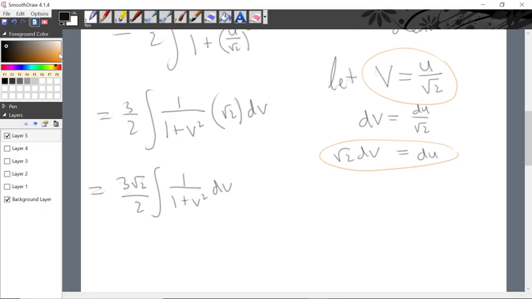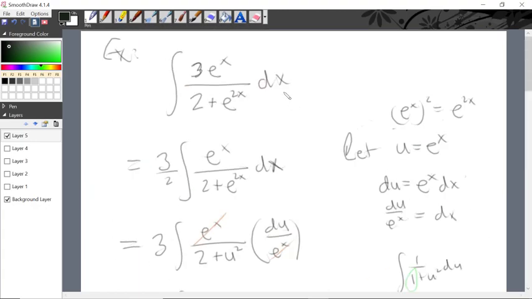And now this function here, with respect to v, has as its antiderivative the arctangent of v. So we have 3 root 2 over 2 times the arctangent of v, and then plus c. Now, how to get our antiderivative here back in terms of the original variable x?